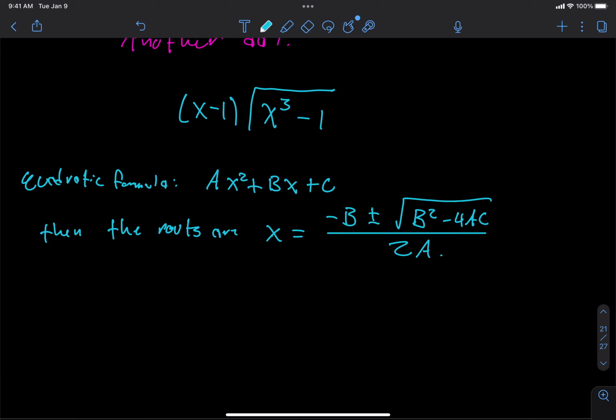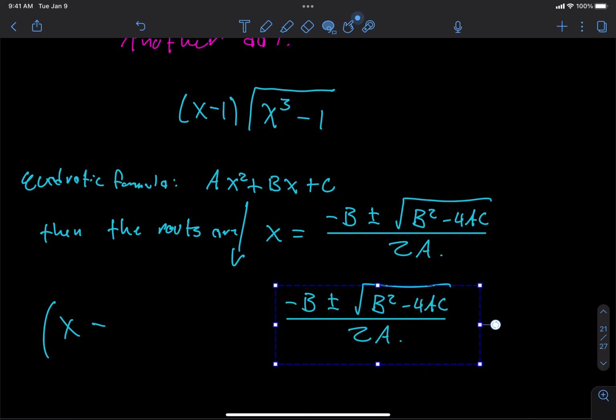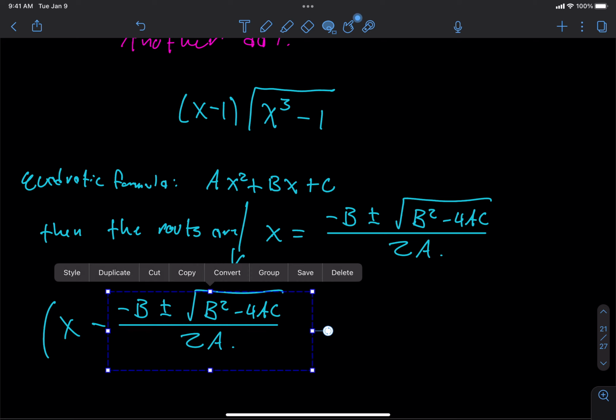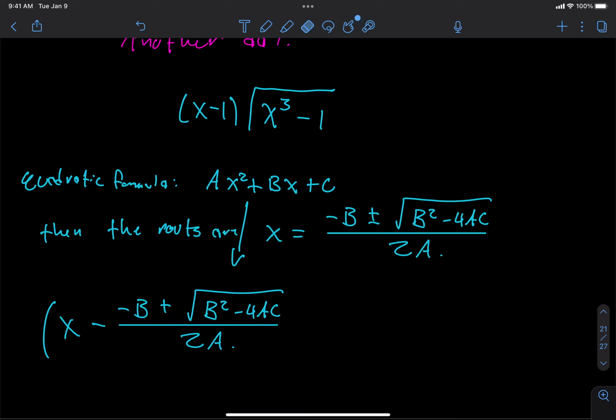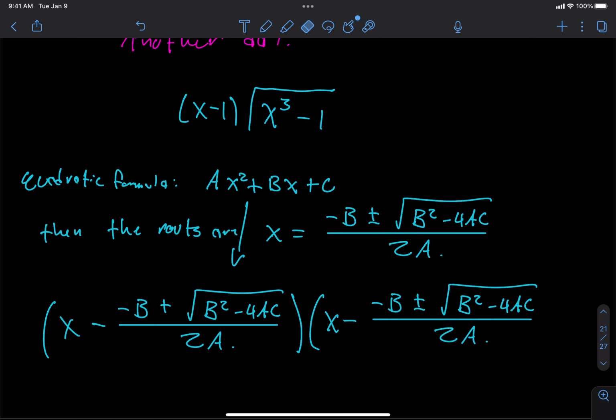If these are the roots, then you know that this is going to factor, by the way, as x minus this guy with a plus, and then we're going to get times x minus this guy with a minus.